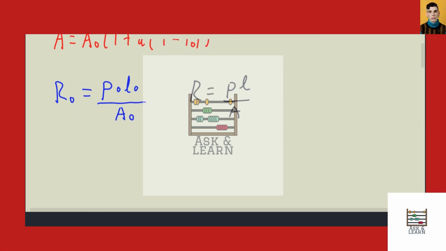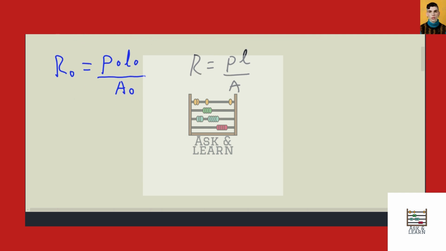So what we're going to do is rewrite this R here, and we're going to substitute in a new value for rho.